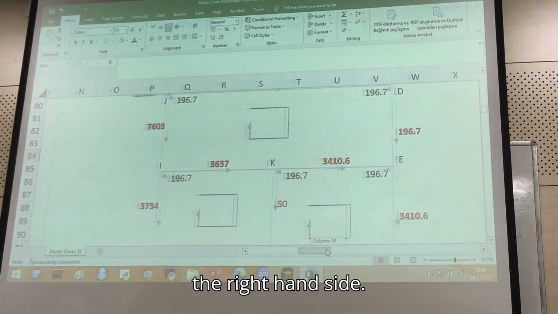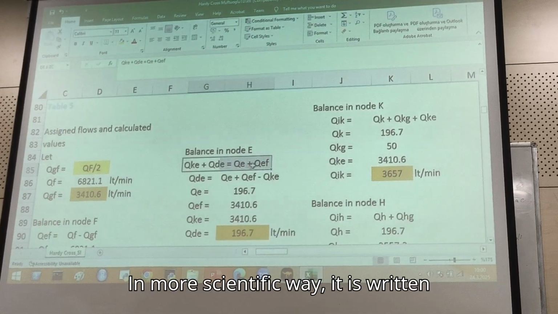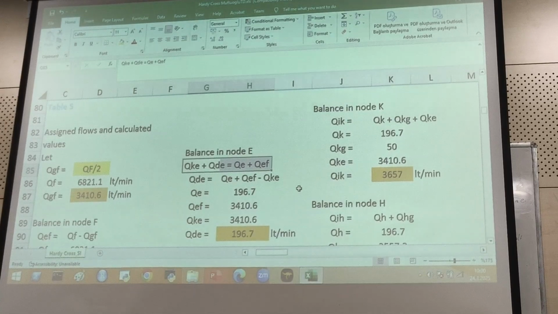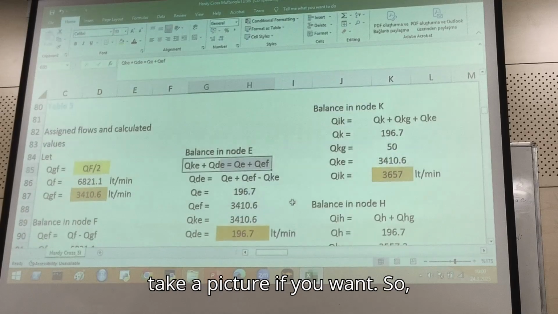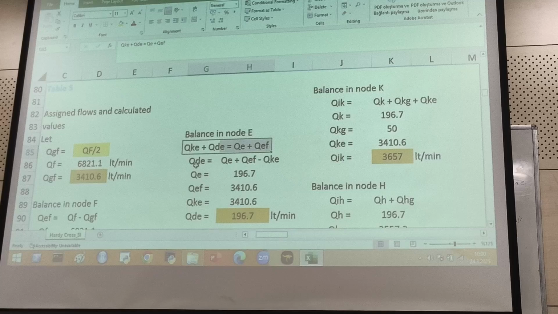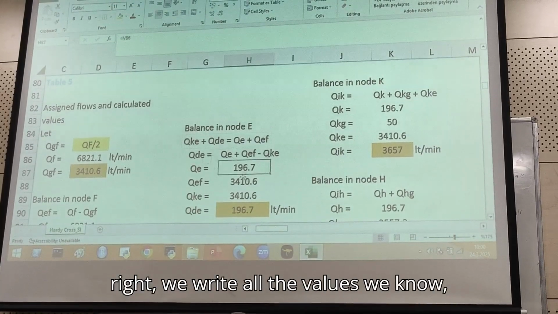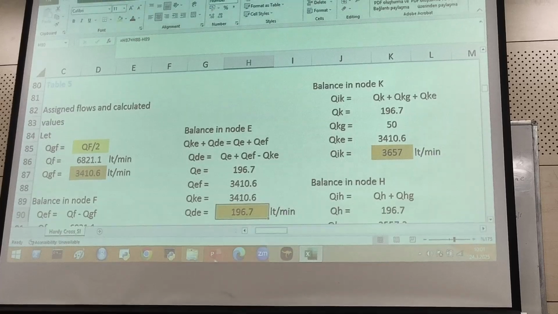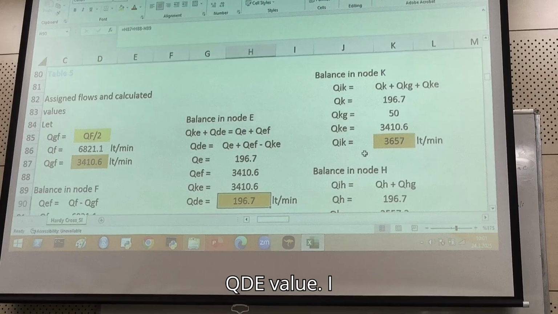In a more scientific way, it is written like this. Okay? You can take a picture if you want. So in this way, how do we calculate the QDE? We just send the other thing to the right. We write all the values we know, and we find the QDE value.